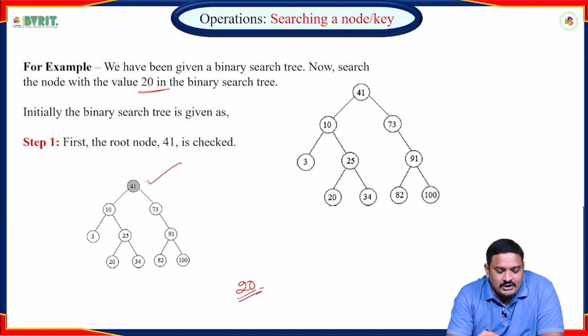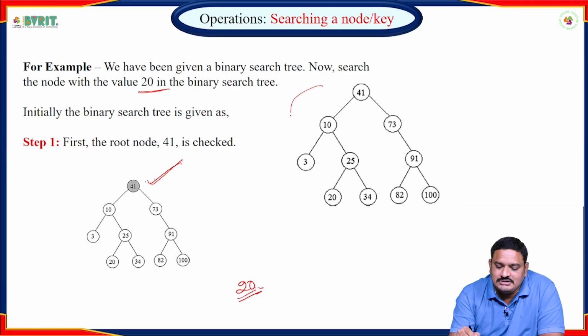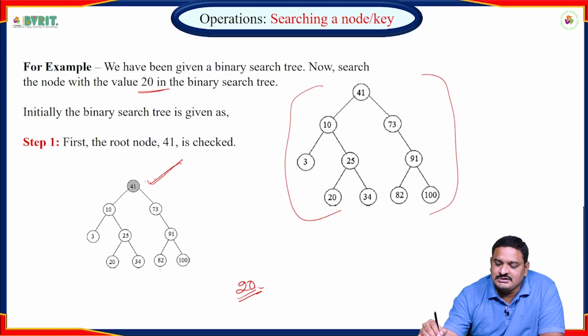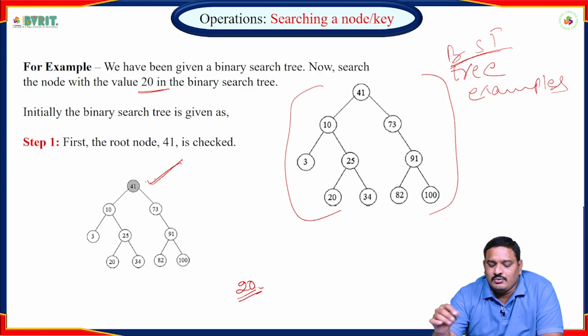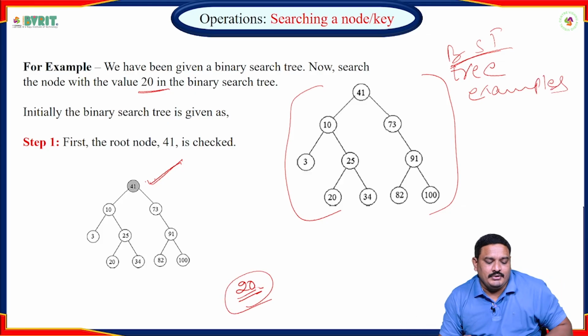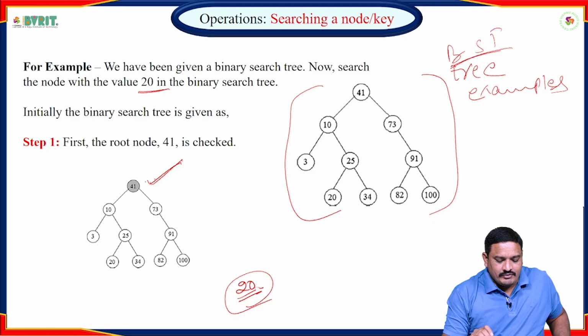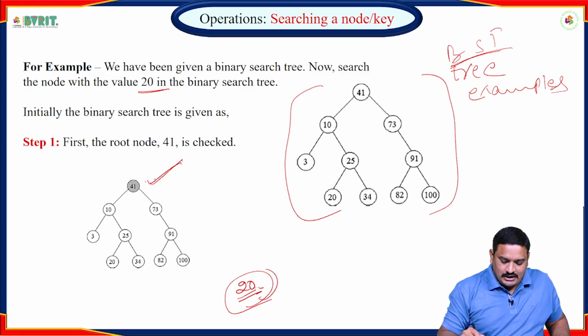The root node 41 is compared with the value 20. Based on this example of a binary search tree, you can search for the element 20. First, the root node 41 is checked by comparing it with the current key value.